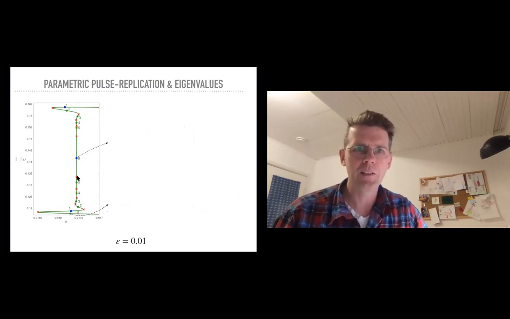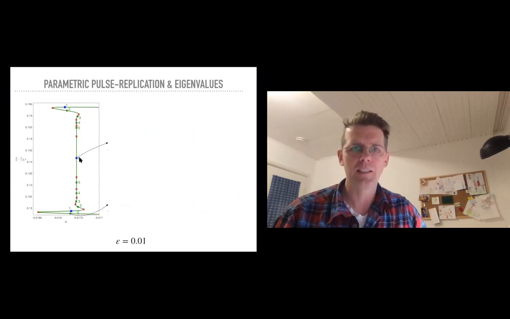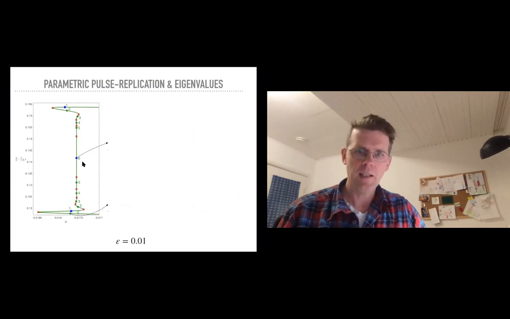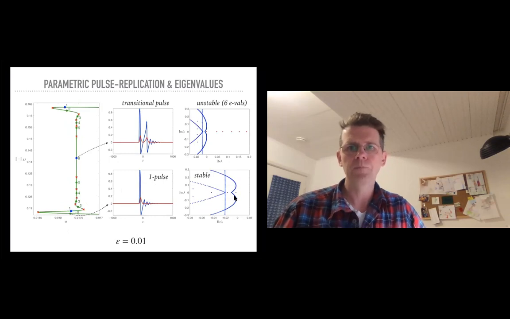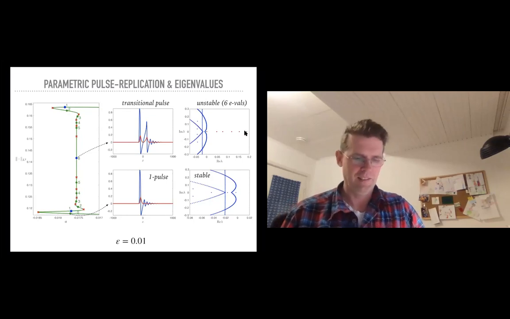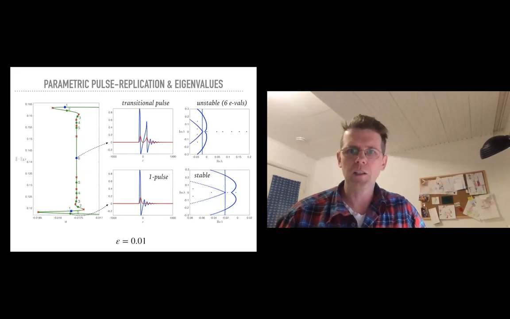So as the numbers here already show, there's going to be 6 unstable eigenvalues now coming from 6 fold points. And here's the figure of the profiles. Same thing down here, the 1 pulse, it's stable. And this transitional pulse halfway up is unstable now with 6 unstable eigenvalues, twice as many when epsilon is half. And we'll show that there's actually a scaling law behind this.